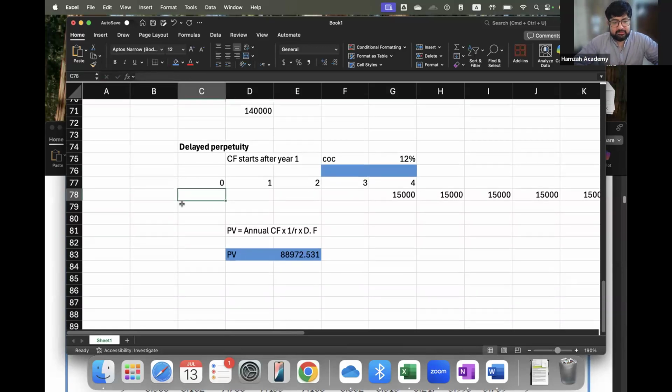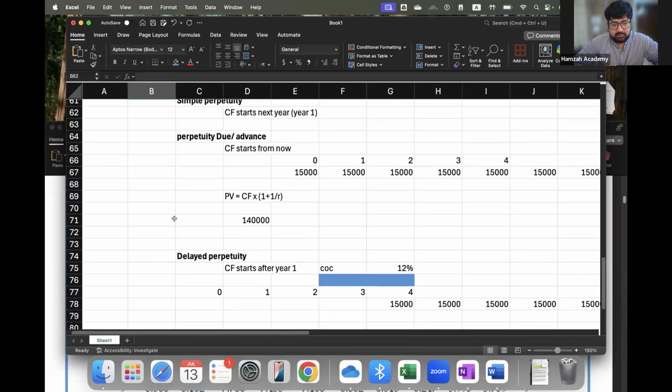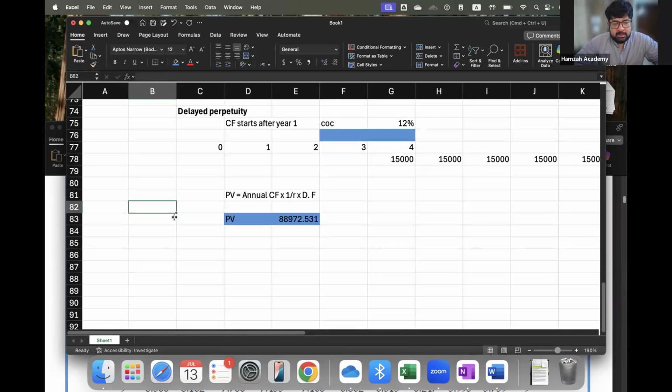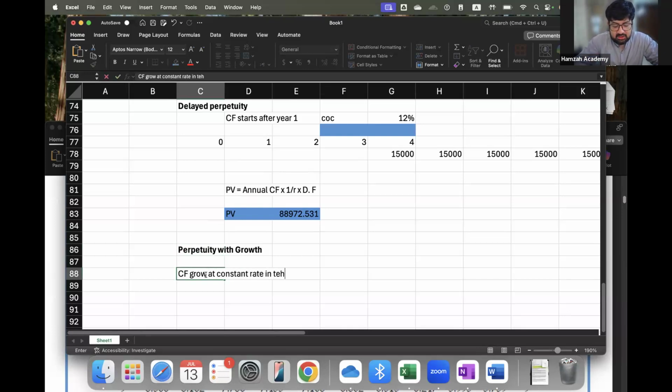Now, the next point is perpetuity with growth. This has some difference now, here, the basic definition. Here we assume that cash flows grow at constant rate in the foreseeable future.